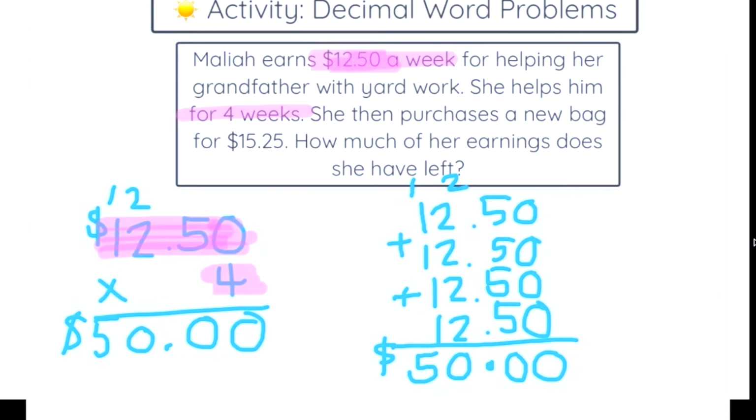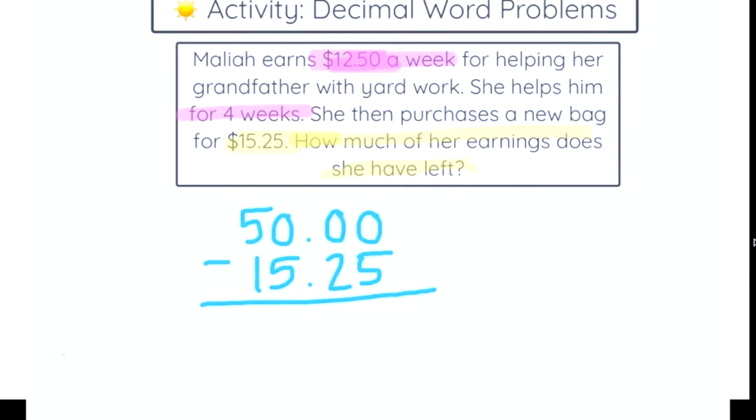The question is actually asking me how much does she have left after she purchases a new bag for $15.25. So we're going to need to use another operation to actually answer this question. Looping back to our estimation strategy, we know that Malia earned $50 and she's going to spend about $15.